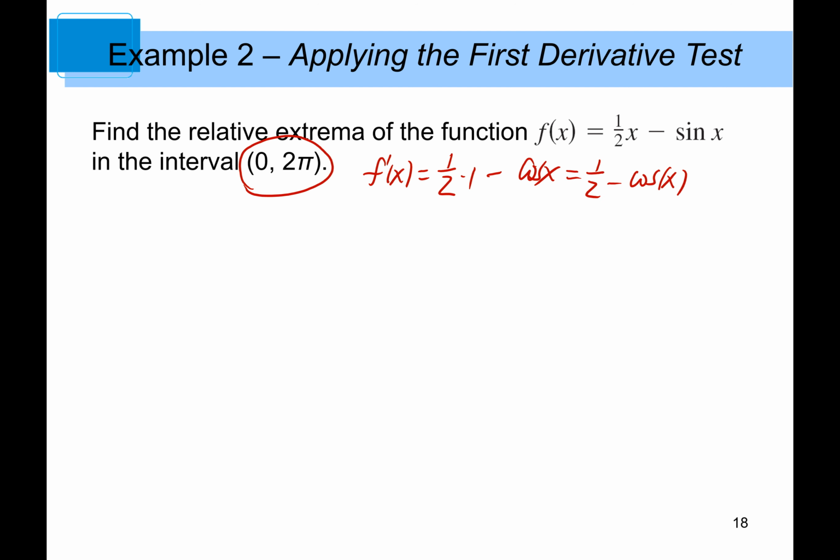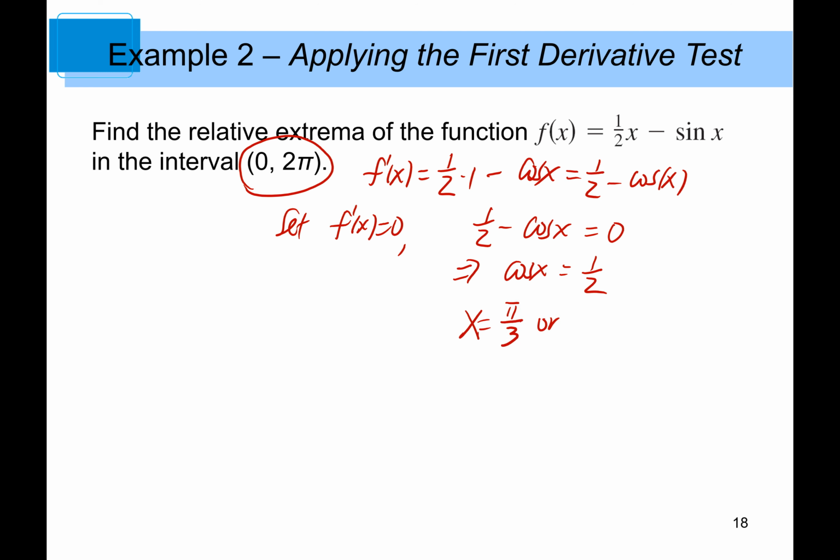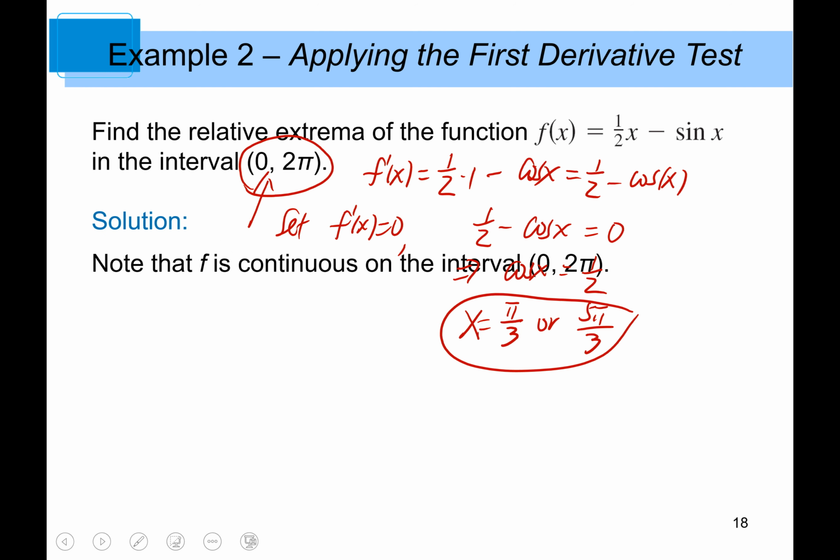Now we're going to set the derivative equals 0, which means half minus cosine x equals 0. So that tells us cosine x equals half. And in between 0 to 2 pi, the x value is either equal to pi over 3 or 5 pi over 3. So basically we get two critical numbers in this particular predetermined domain.